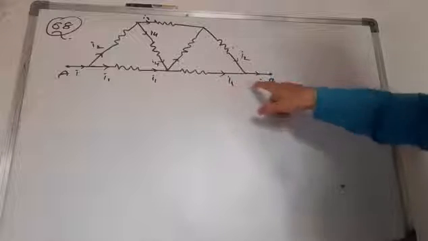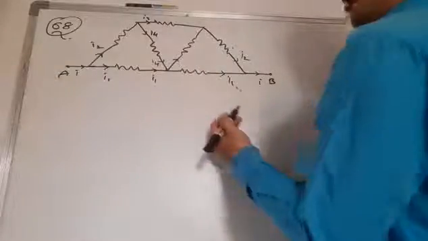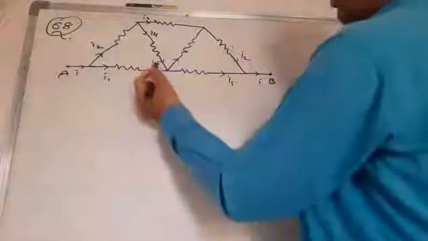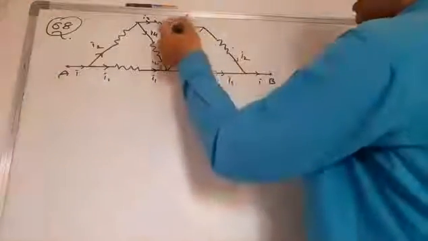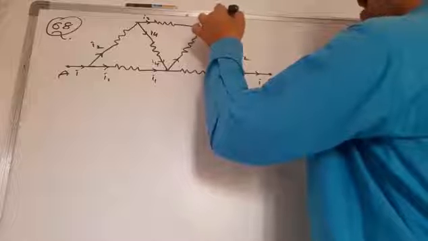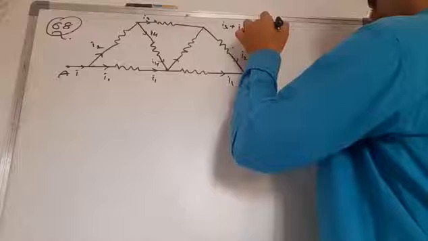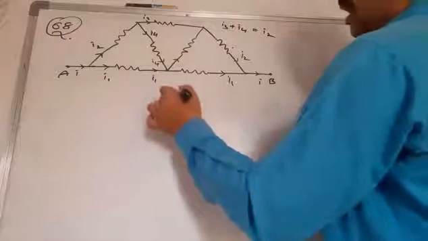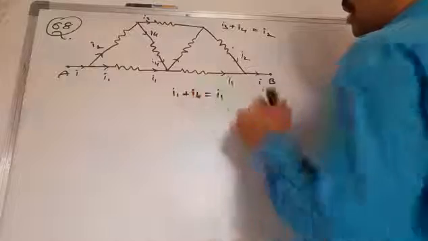Then only again it is equal, right? Otherwise you can also derive, nothing wrong in this one. So you can take I1 plus I4 here, and here you take again I3 plus I4. Here I3 plus I4 is equal to I2. Here you take I1 plus I4 is equal to I1 you take.